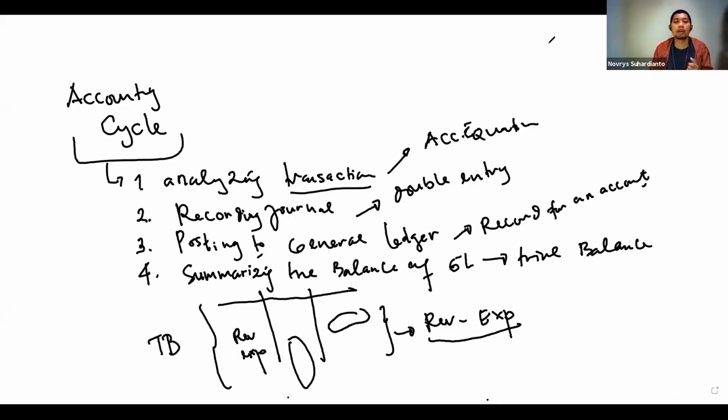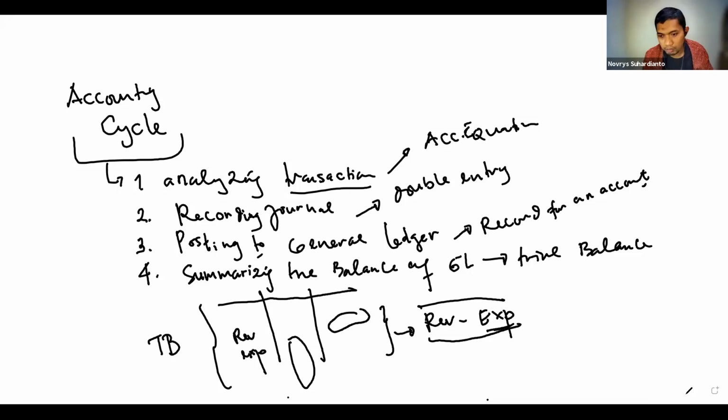Okay, let me jump to the platform. So we already answered why the difference between revenue and expense on the trial balance is not a net income yet: some of the expenses are not recorded yet, and some balances need to be adjusted to reflect the current position of the company.